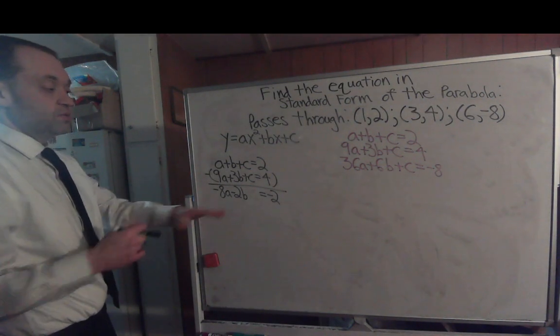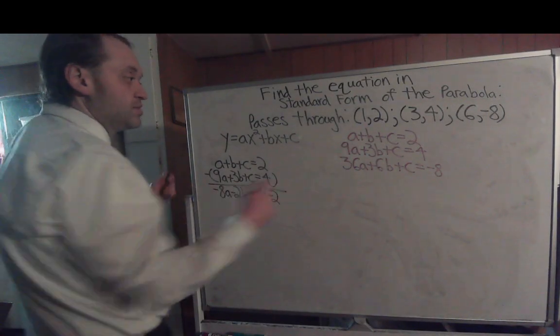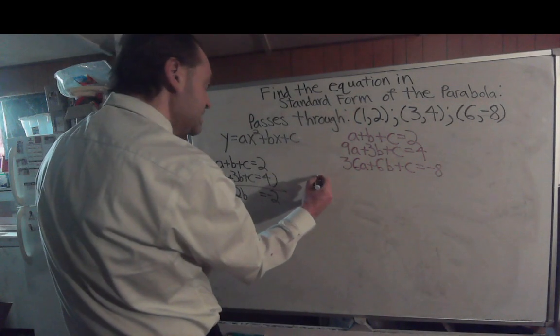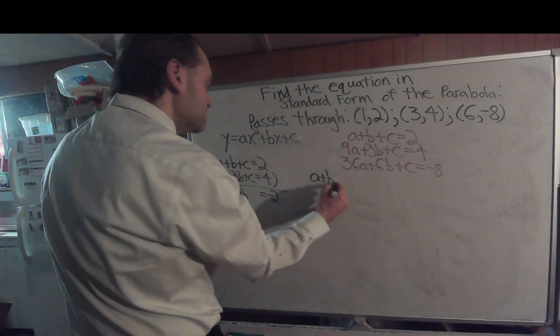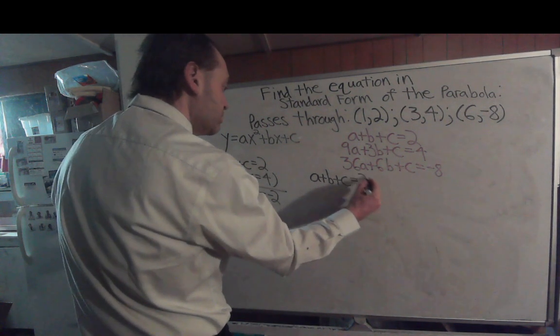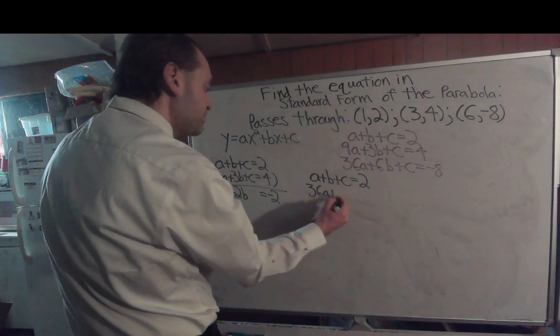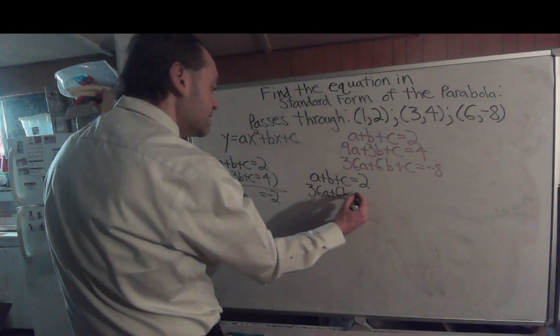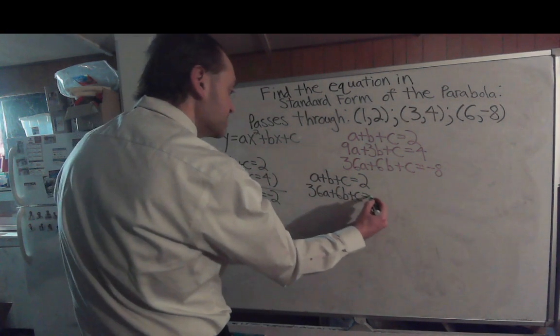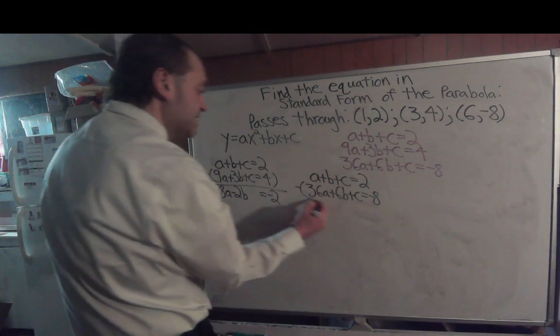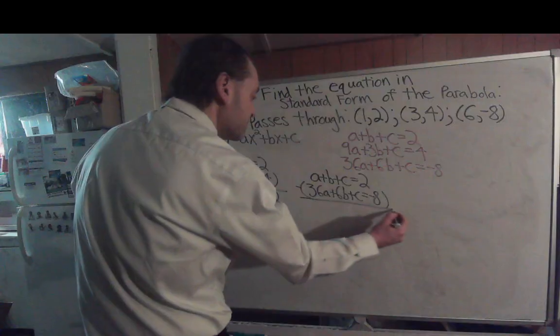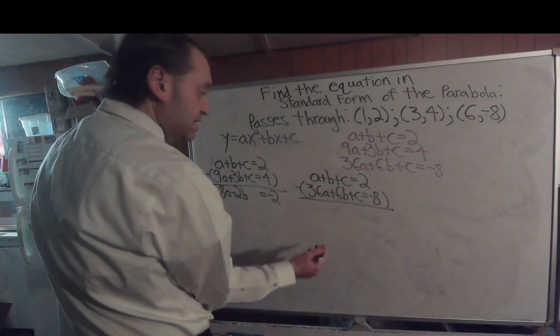And then let's deal with the second equation. So I'll deal with the first and third. If I take a plus b plus c, set that equal to 2, and then I have 36a plus 6b plus c equals -8. Well, likewise, I can subtract the second equation from the first and then get rid of c.